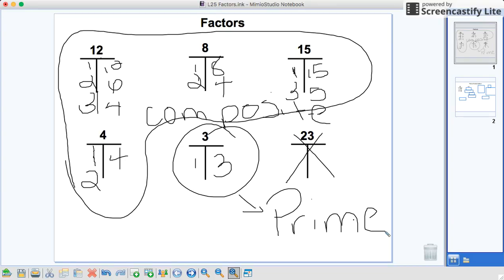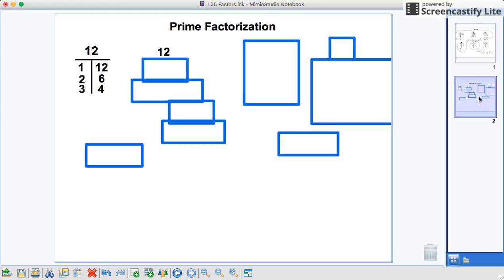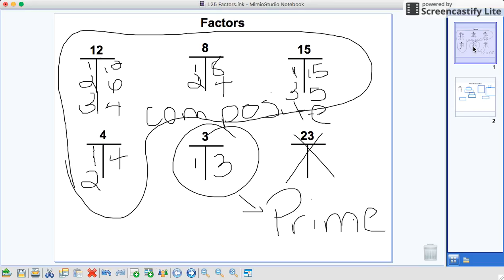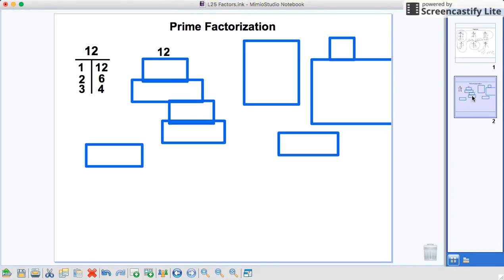Now let's look over here to our next problem. I'm going to do a little bit of pre-teaching here. Prime factorization is not actually on this lesson. However, it makes sense to talk about it when we're in this lesson. So from the first page, I took the 12 and I just brought it over here to the second page, right here.